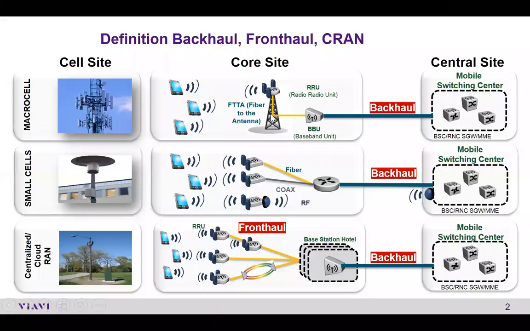They could also be on the ground level in some cases. But in any case, these are two distinct functional units that are hooked up typically over a piece of fiber.